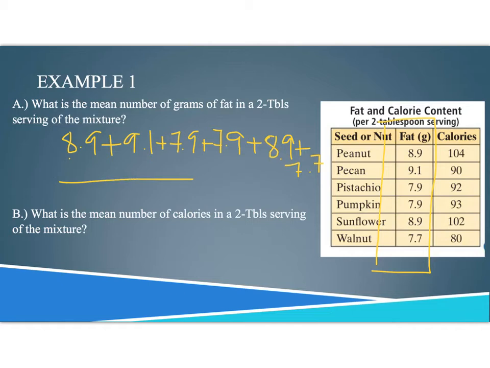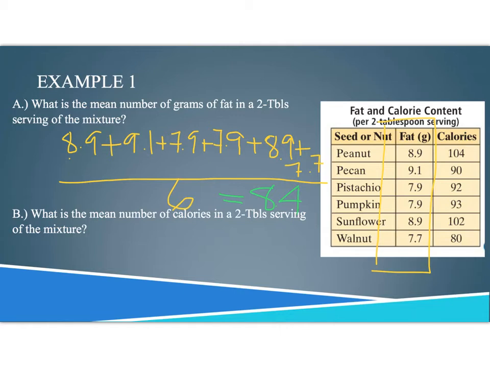If we add all of those up and divide by the total number of data points, well, there's 1, 2, 3, 4, 5, 6 data points. So I'm going to divide by the number 6. And when I do that, I end up with an average or mean of 8.4.